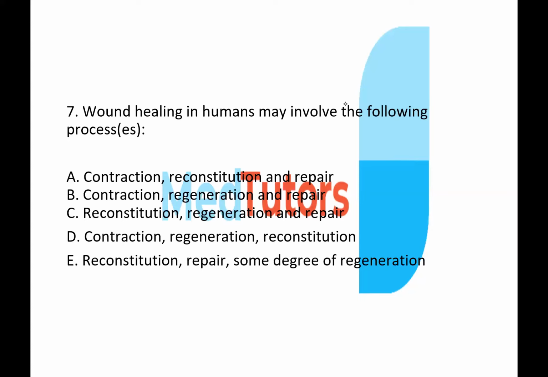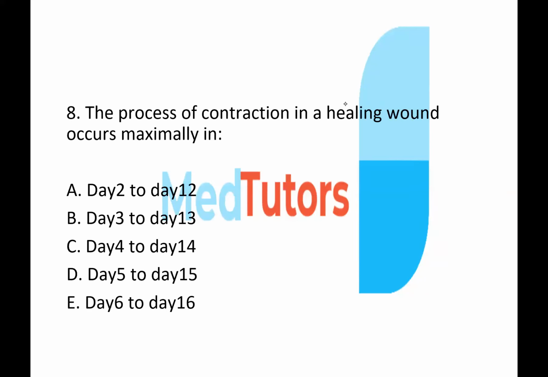The next question is, the process of contraction in a healing wound occurs maximally in day 2 to day 12, day 3 to 13, 4 to 14, 5 to 15, 6 to 16.